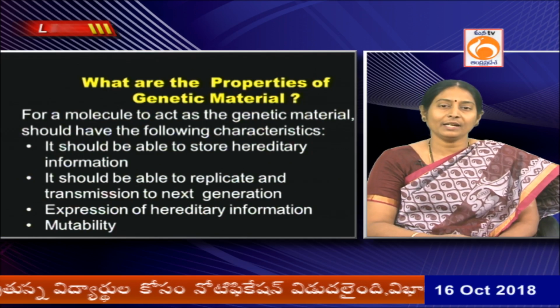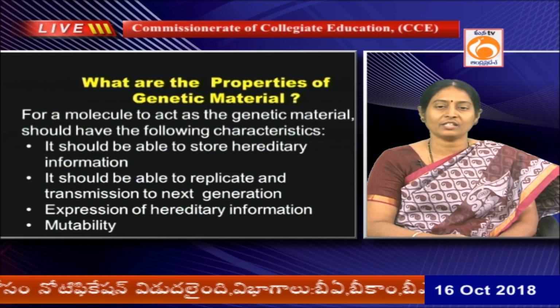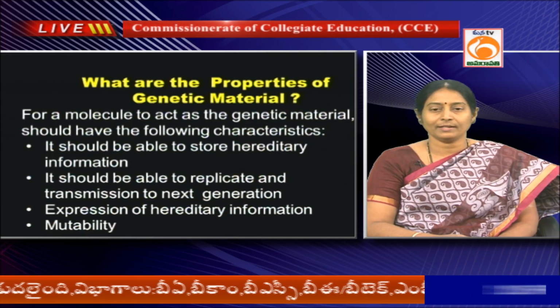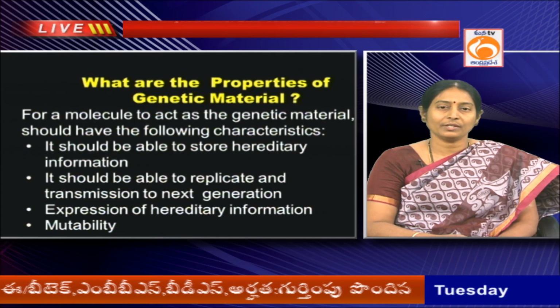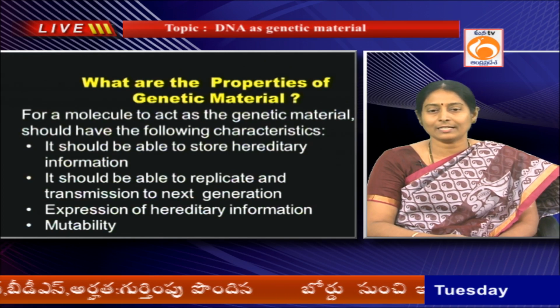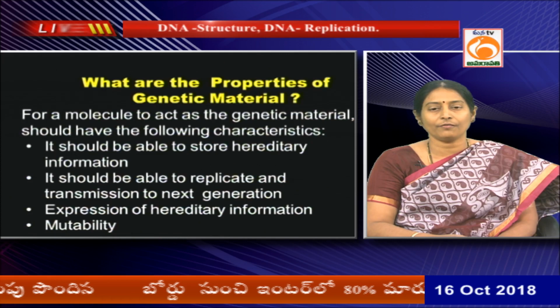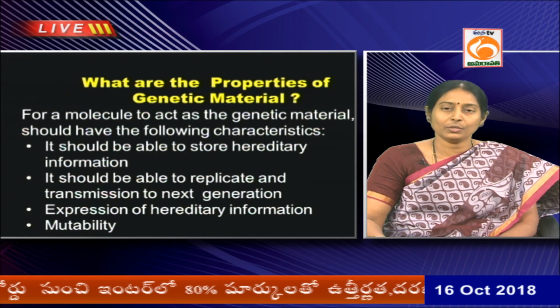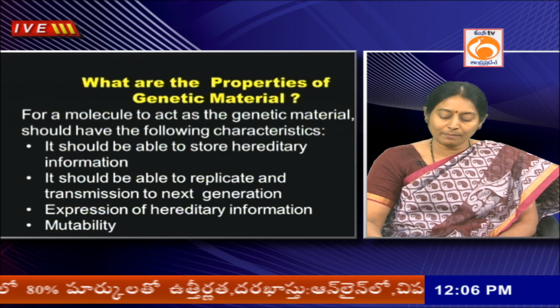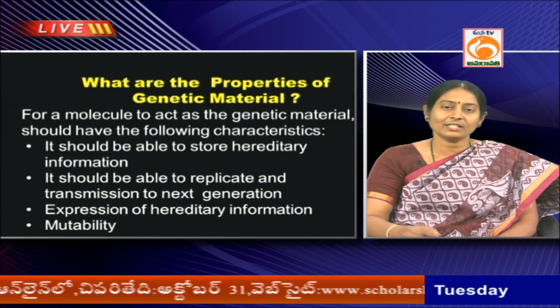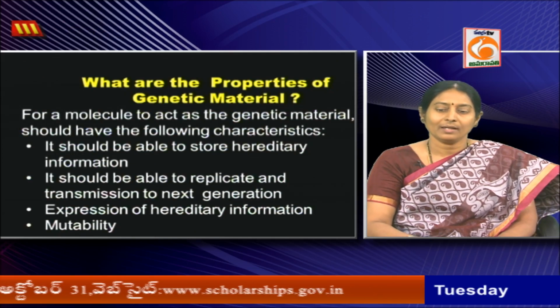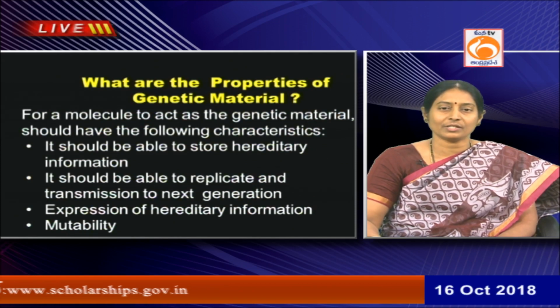The hereditary information must be there in the structure of the genetic material. It should undergo replication. It should be able to express itself through the formation of specific biomolecules, and it should be able to undergo mutations, and such a change should be stably inherited to the next generations.